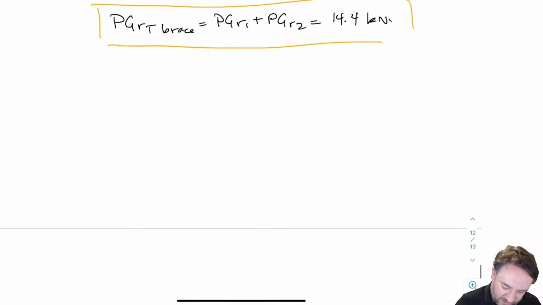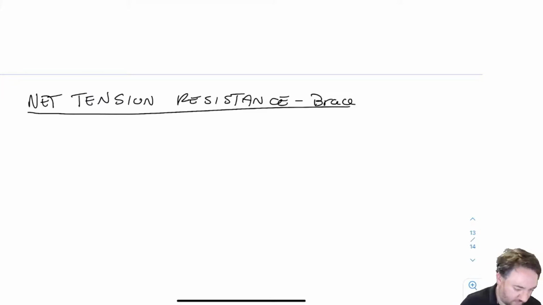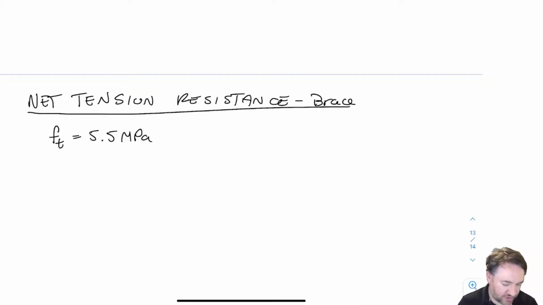We are getting there. We don't have splitting in the brace because all of our load is parallel to the grain. Okay, FT we already had. So this is also compared to the parallel to grain component of the force. Okay, so now we're going to calculate basically our net section, and we're going to take into account the countersink of the bolt hole.